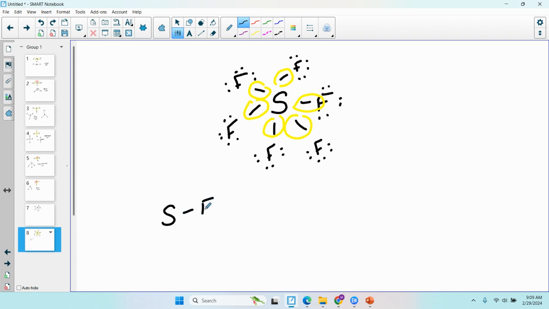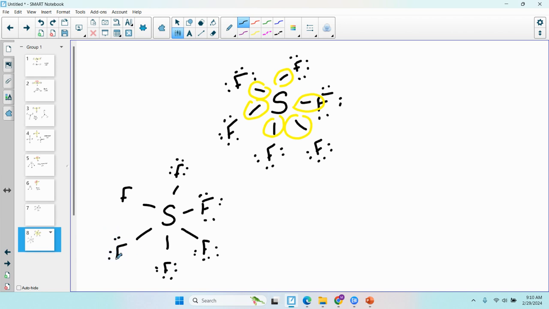You're probably going to redraw it as best you can. It's just supposed to show that everything has equal space. There's no lone pairs to contend with here, so everything gets 90 degrees. These are all 90 degrees away from each other. How you draw this probably won't differ much from what you would have drawn as a Lewis structure.